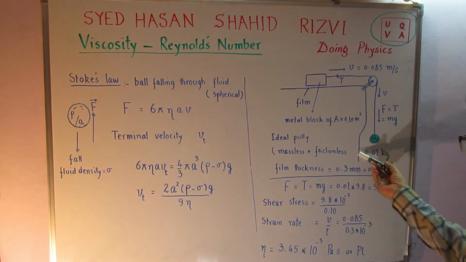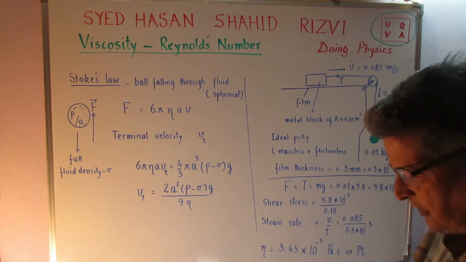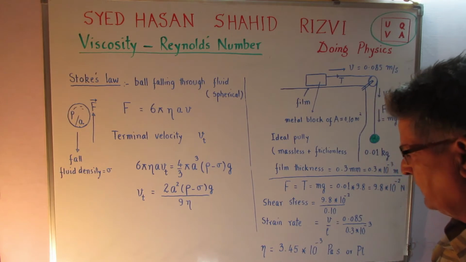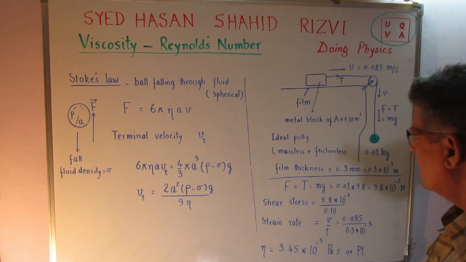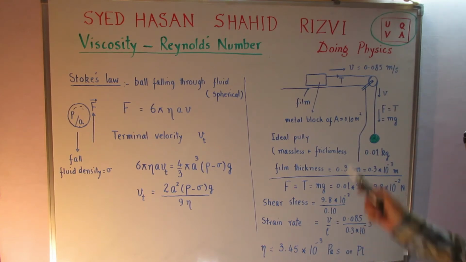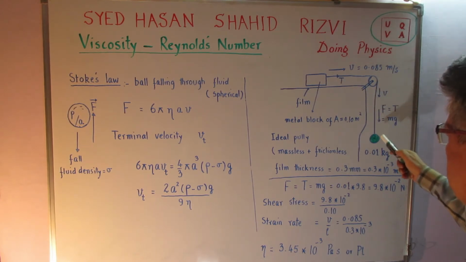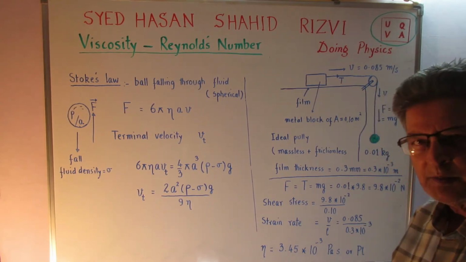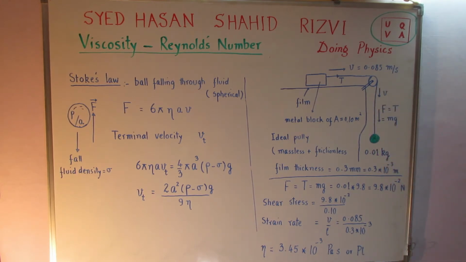In the present experiment, it has been taken as 0.01 kg. So this multiplied by the acceleration due to gravity will give us the force. The velocity is the same here as well as here, so that the force of tension is the same all over the string, and this is equal to mg. The values we have taken can change, so it doesn't matter at all.